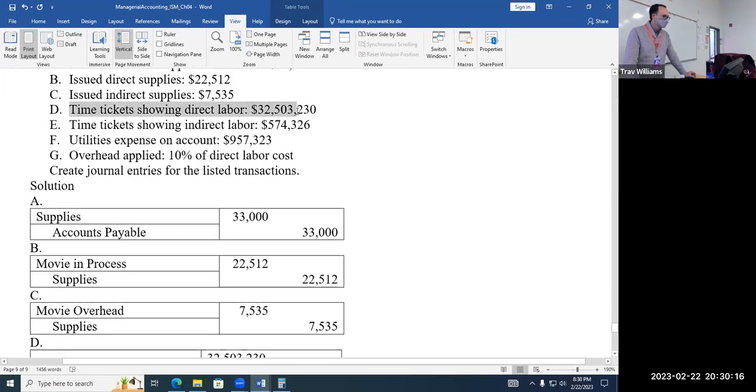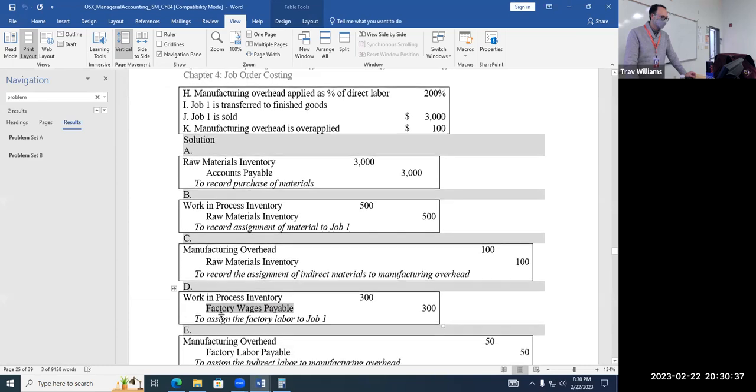D says we have some time tickets showing direct labor for $32 million. Wow. Must be one of those Marvel movies, right? Okay, so what do they call this? I think they call it salaries payable. Check, I think that's what they call it.